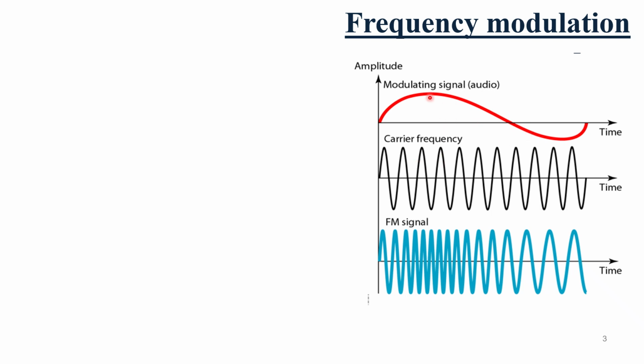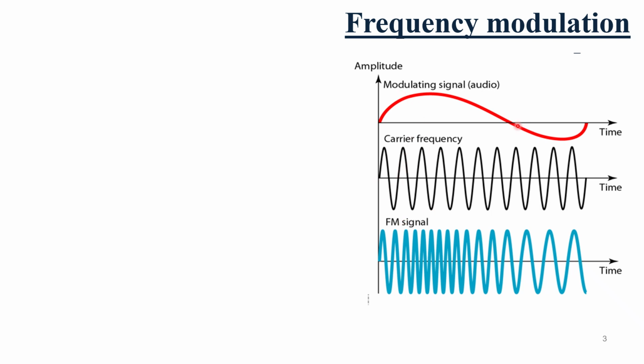What is the frequency range? Normally the frequency of message signals may fall in the range of 100 to 300 hertz, and for the carrier it may be in kilohertz, megahertz, and even gigahertz. Now the question is how the carrier wave will vary.